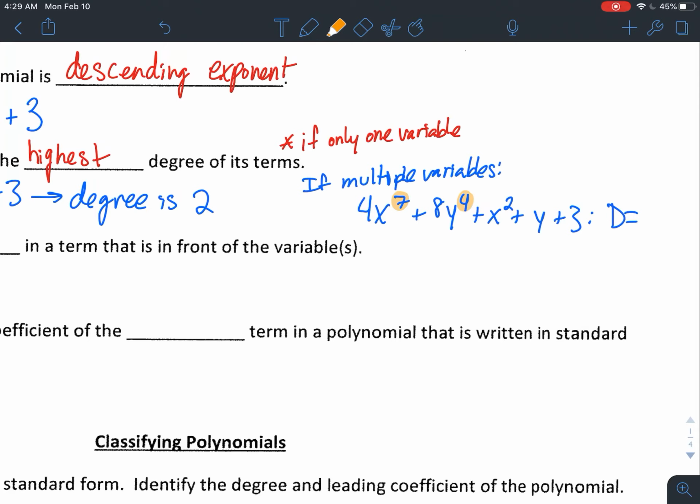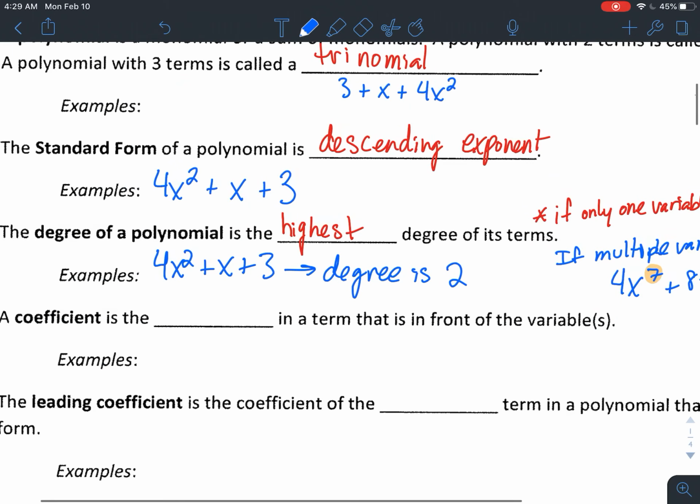So I would have to add those two together to get my total degree for the polynomial of 11. And again, that's a little bit unique. We don't usually deal with polynomials in multiple variables other than in this section. Most of the time, when you're dealing with just a single variable, it's just the highest degree of that variable.